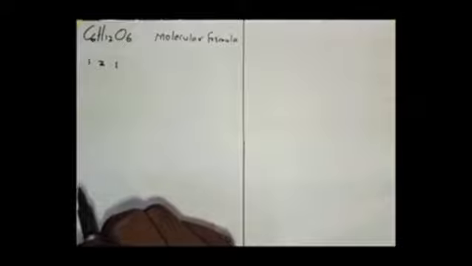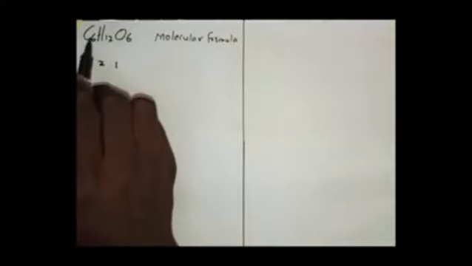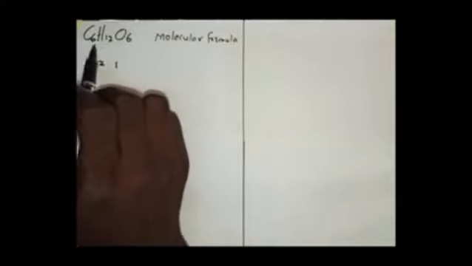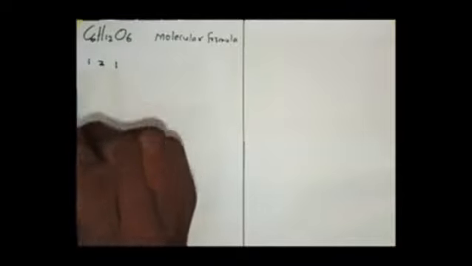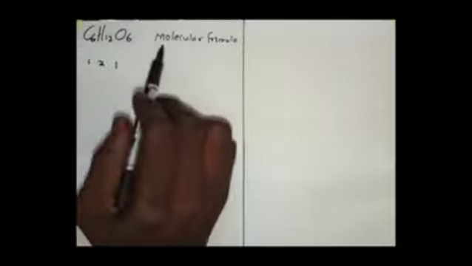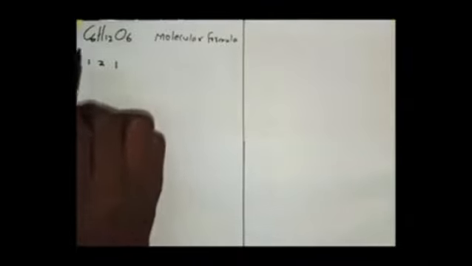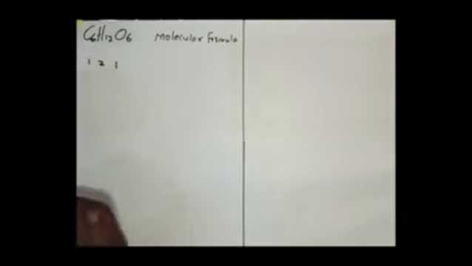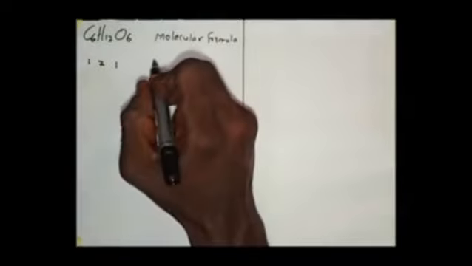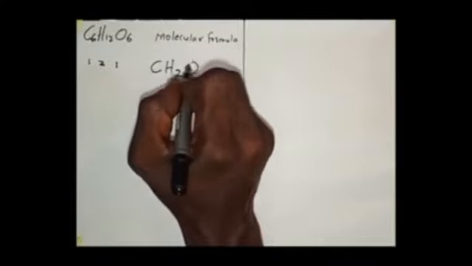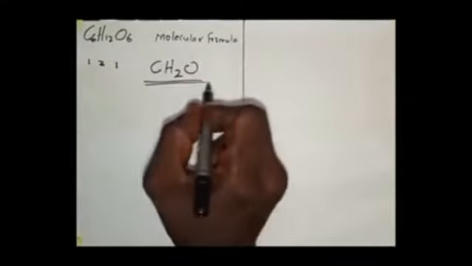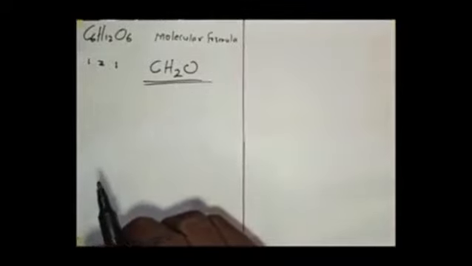So 6 over 6 is equal to 1, 12 over 6 is equal to 2, and 6 over 6 is equal to 1. Because the simplest whole number ratio can be gotten by dividing through by 6. So therefore, the empirical formula here is going to be CH2O. So this is the empirical formula for glucose.